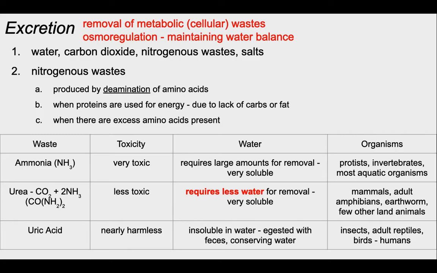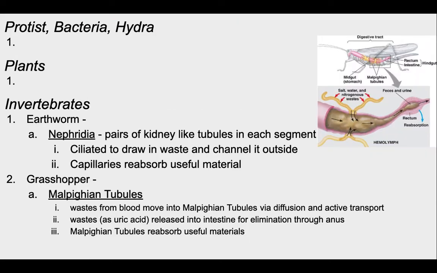Uric acid is not very toxic, but it's also insoluble in water, and so organisms that have to conserve water might excrete uric acid in their feces as a way of getting rid of that nitrogen waste. Insects, for example, and birds. Humans release some uric acid as well, and adult reptiles. So there are all different forms of materials which can be used to excrete that nitrogen waste.